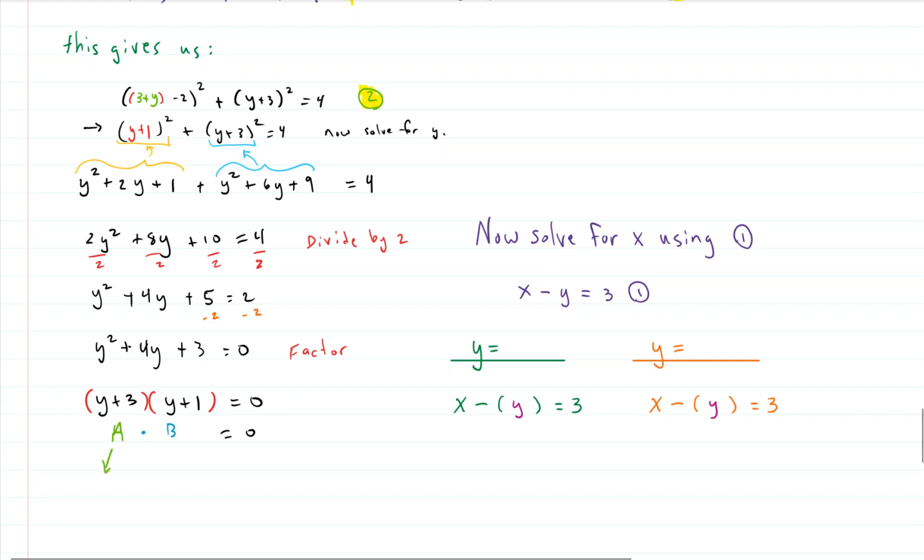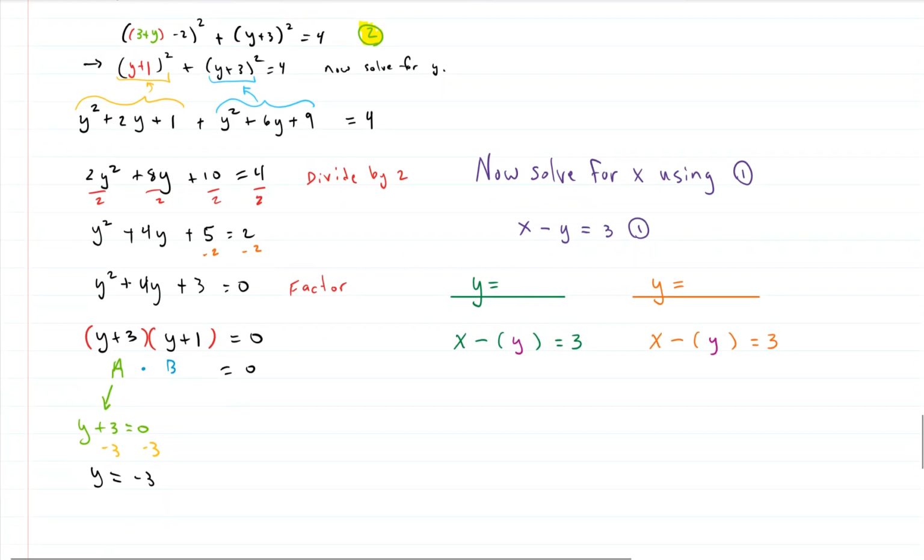Let's try here. So y plus 3 equals 0. If we subtract 3 on both sides, we get y equals -3. Beautiful. There's 1. What about the next? We haven't done b. Let's set b equal to 0. So we have y plus 1 equals 0.